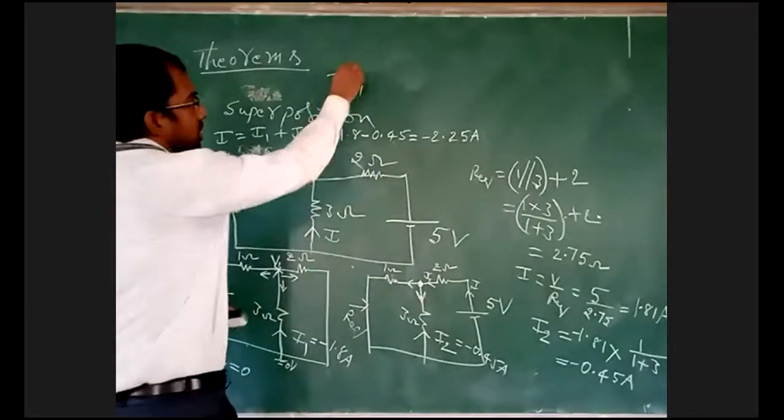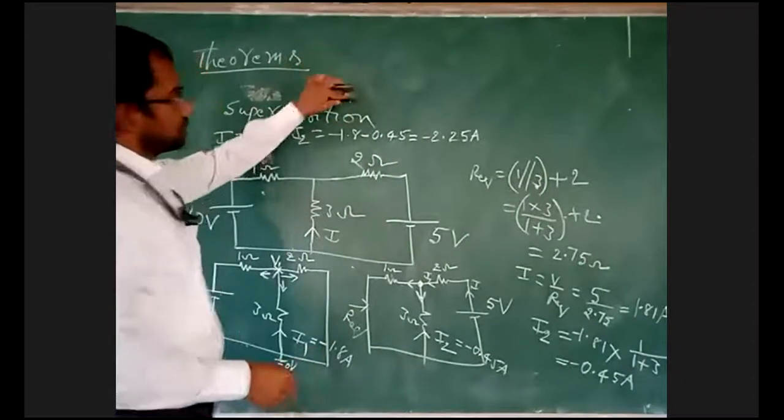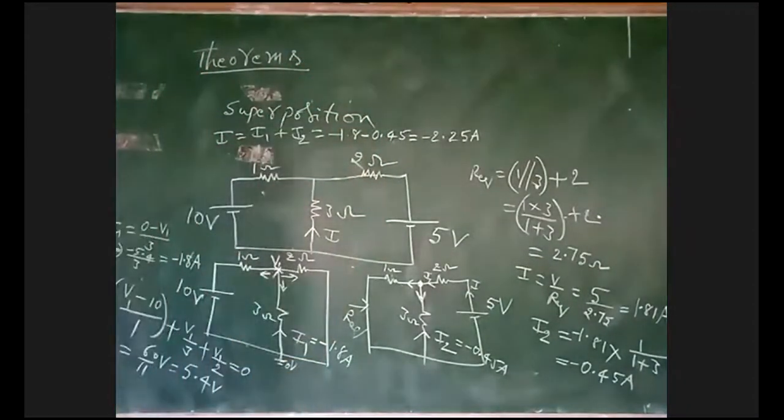This is linear. If there is a square, it is not linear. It is non-linear. If the power is 2, 3, 4, 6, all these are non-linear elements, non-linear circuits. If the power is 1, that is linear.